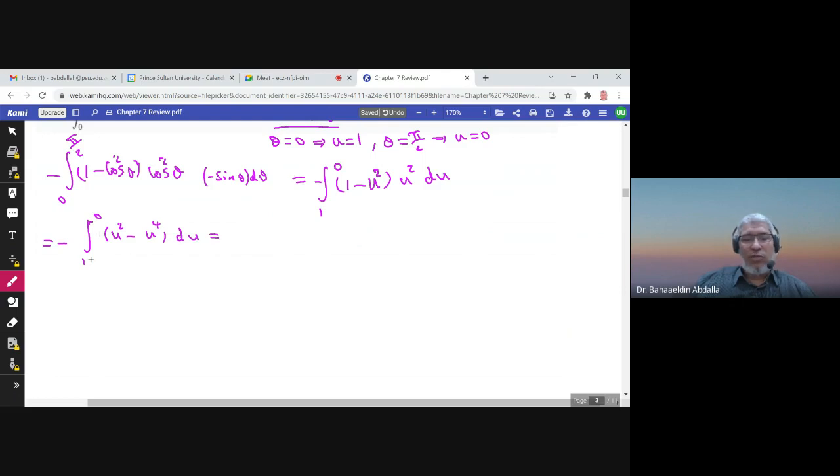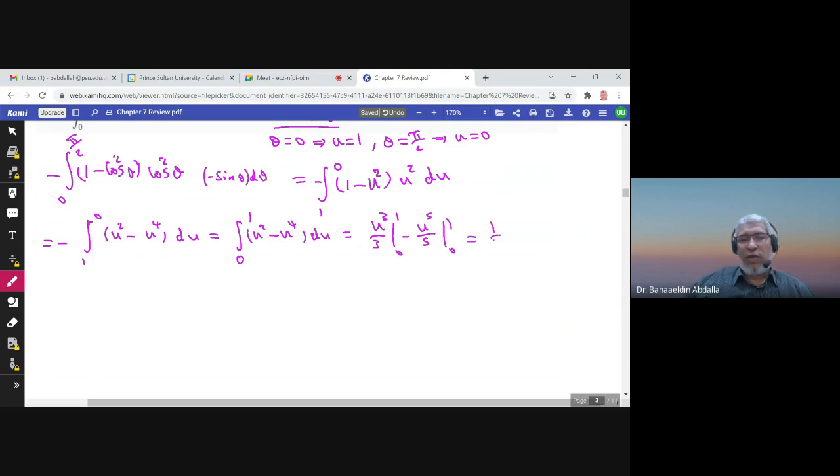Well, let me do something. If I change the limits of this integral, make it from 0 to 1, then this minus will disappear. So this is, in fact, the integral from 0 to 1 of u square minus u to the power 4 du. And the answer would be u cubed over 3 minus u to the fifth over 5, from 0 to 1.